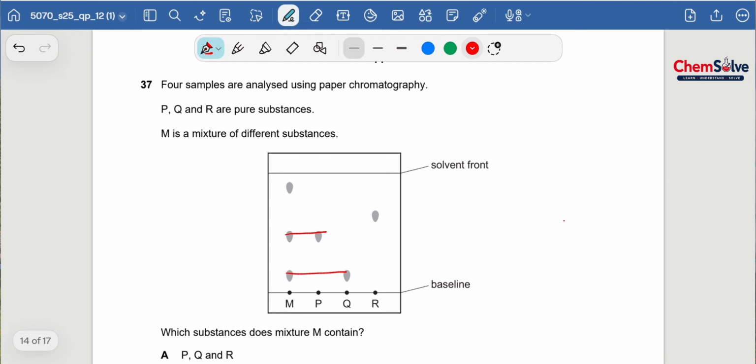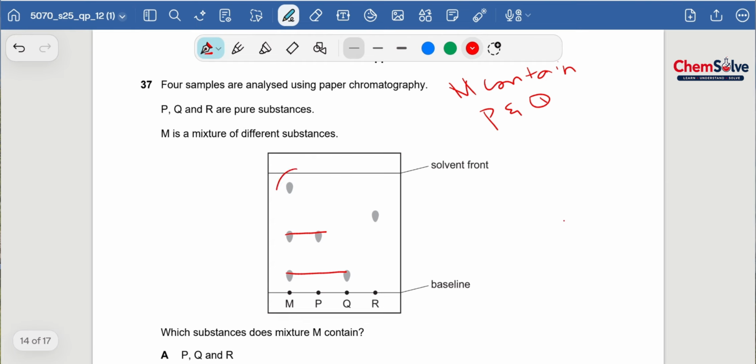So we can say that P and Q line up horizontally with M, so M contains both P and Q. Why? Because they have the exact spot horizontally with each other.